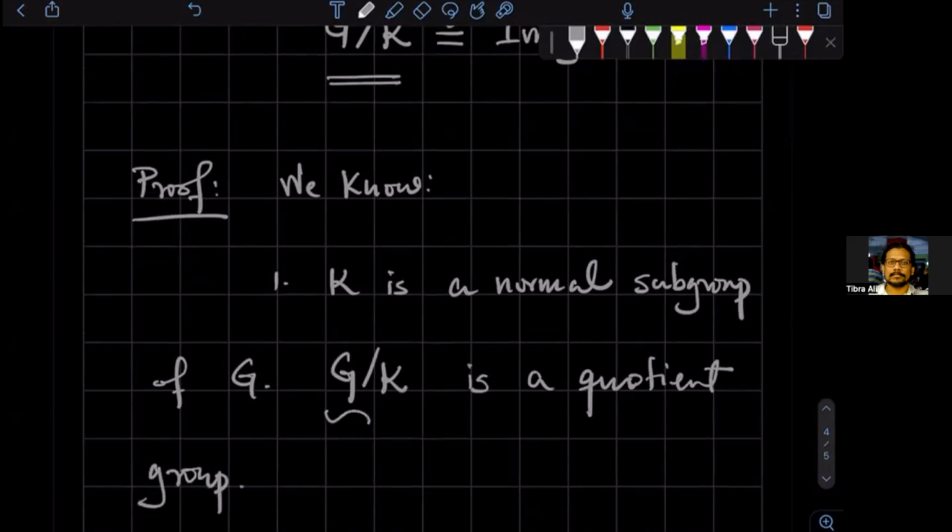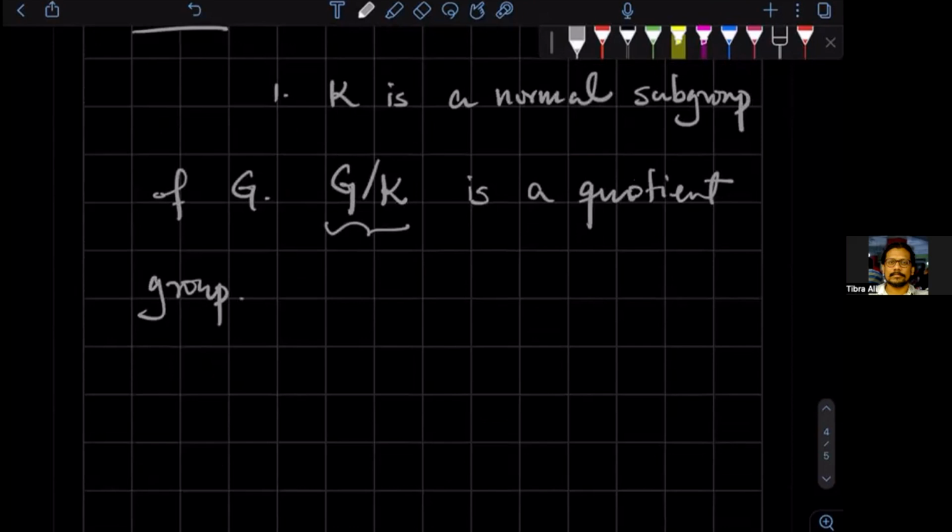That means that the elements of G over K are all cosets, and there's a natural group multiplication structure that we can define on that, with respect to which G over K is a group. Okay. So that we know.